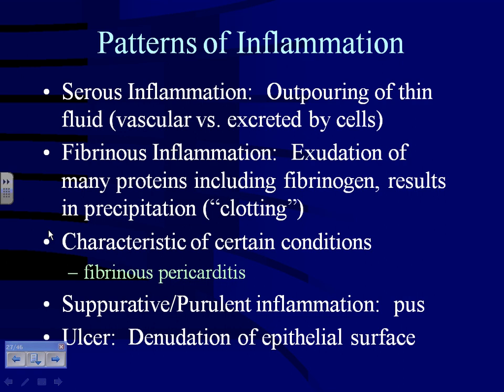That tends to be associated in its early stages with a lot of inflammation in response to that loss of the epithelium. Because remember, without the epithelium, the tissue doesn't have its protective mechanisms anymore, so that tends to cause a lot of inflammation. But the ulcer itself is just loss of the epithelial layer in that area.